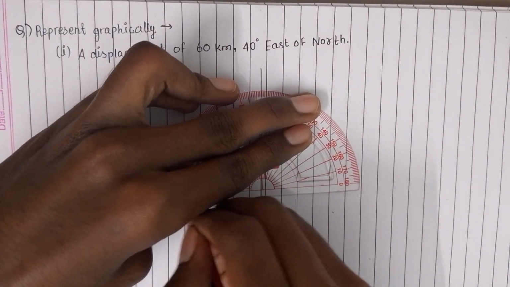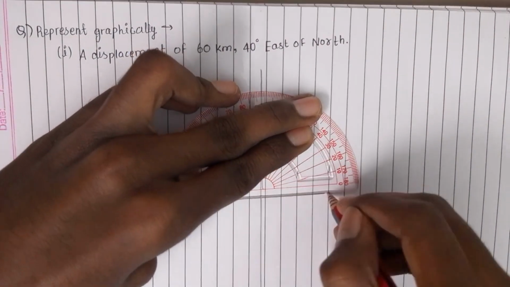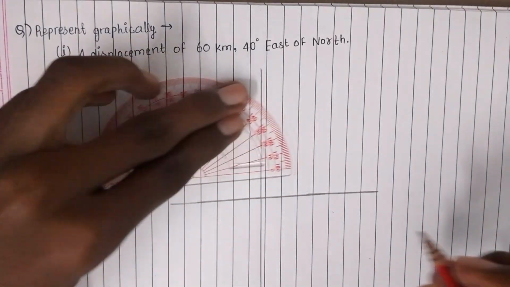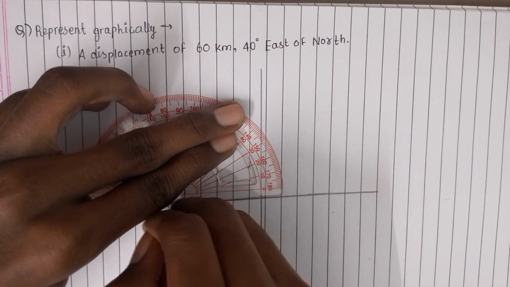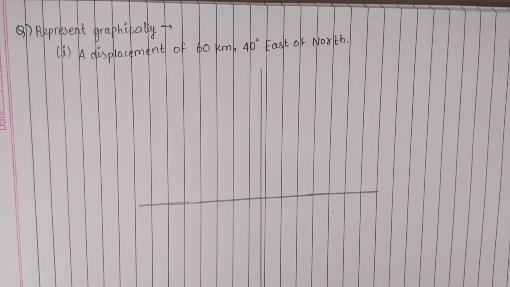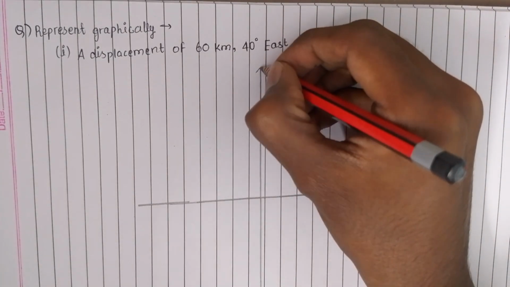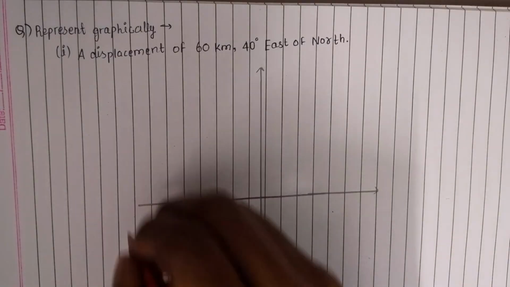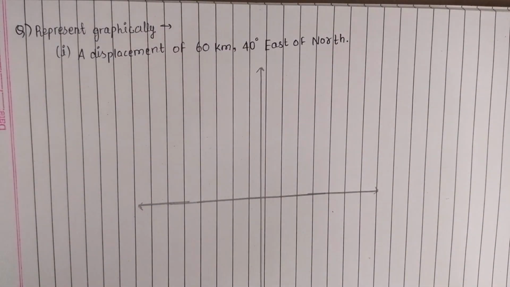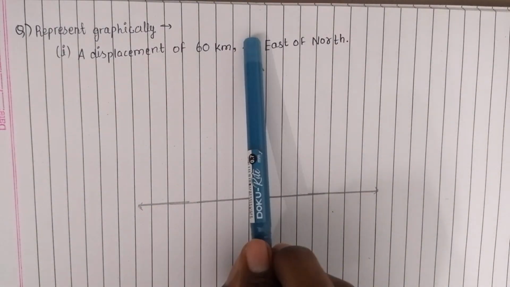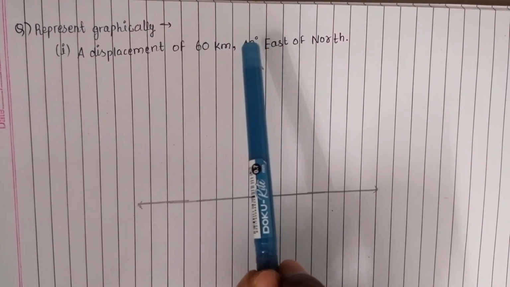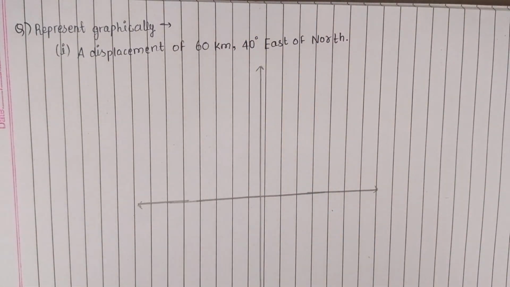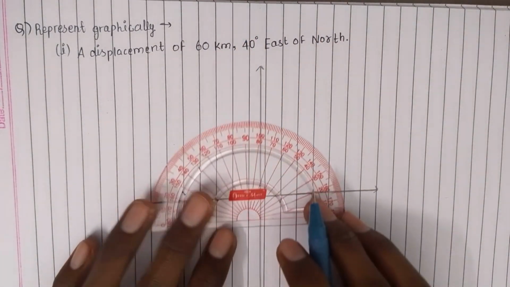This is our base. So we were given 60 km 40 degrees east of north. East of north means northeast.